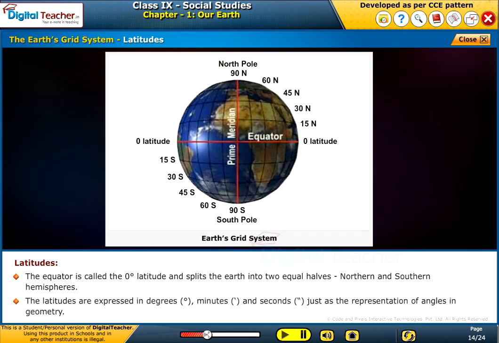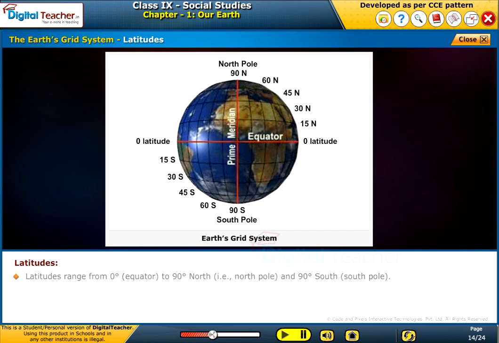The latitudes are expressed in degrees, minutes, and seconds, just as the representation of angles in geometry. Latitudes range from 0 degrees equator to 90 degrees north, that is North Pole, and 90 degrees south, that is South Pole.